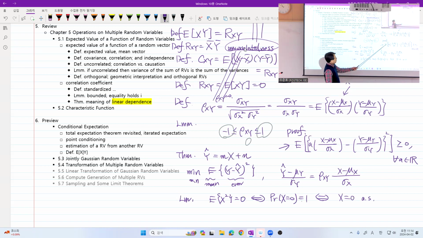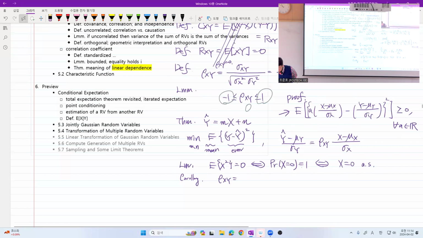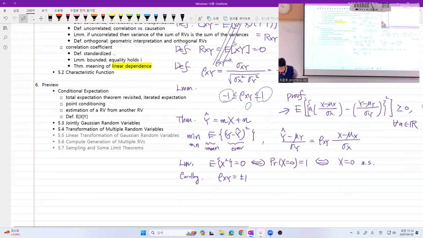What does that mean? If you replace this with some random variable W, the expectation of W squared equals 0 when the correlation coefficient is plus or minus 1. If you really use that, then what happens? Here, corollary: rho XY equals plus or minus 1, then Y equals rho XY. Just a second.